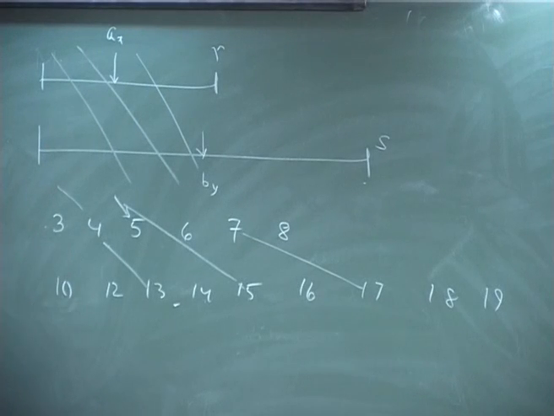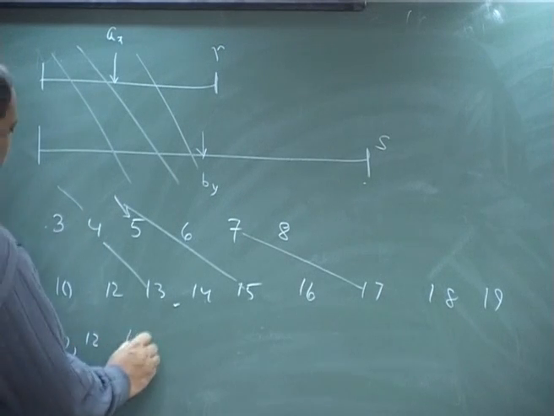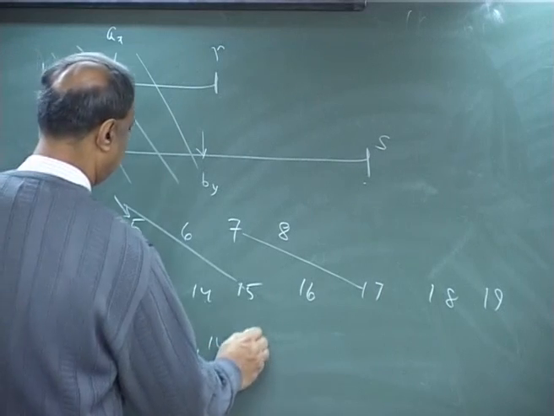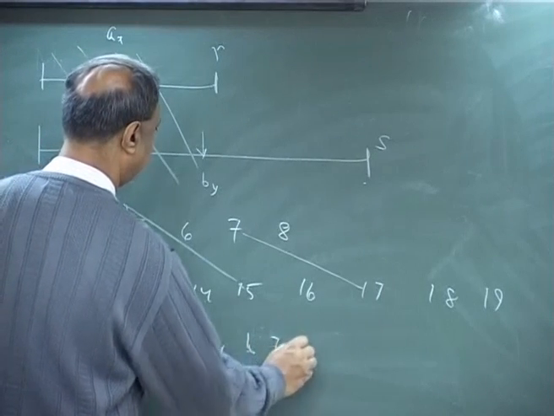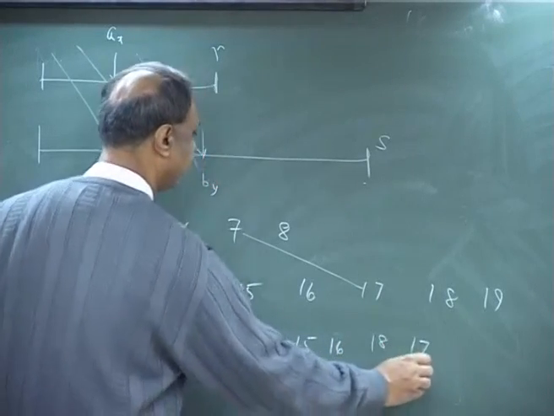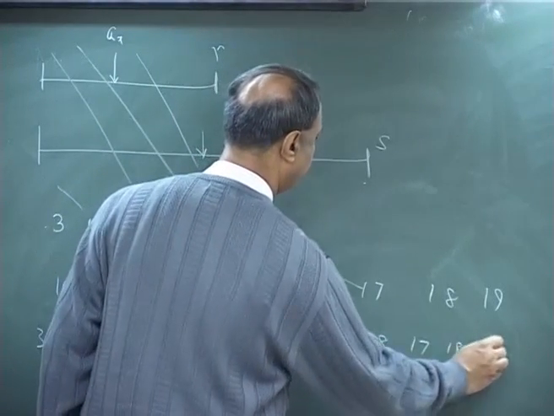So you get 3, 10, 12. You get 4, 5, 13, 14, 6, 7, 15, 16, maybe 8, 17, 18, 19.